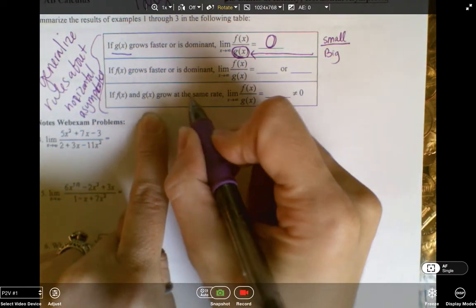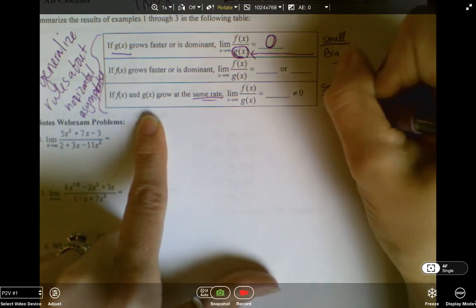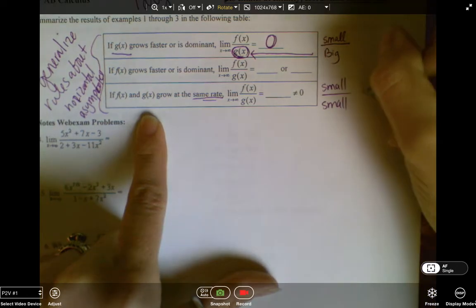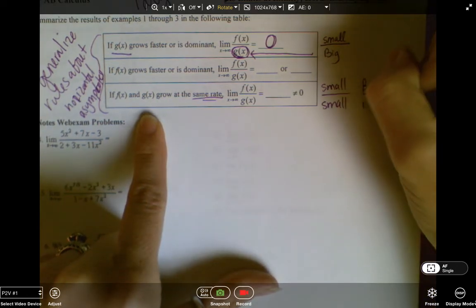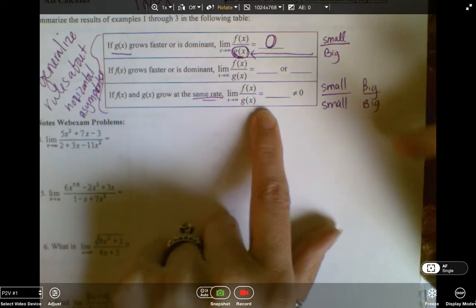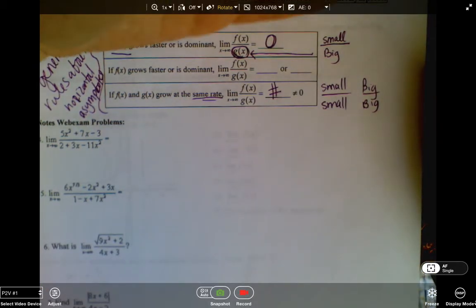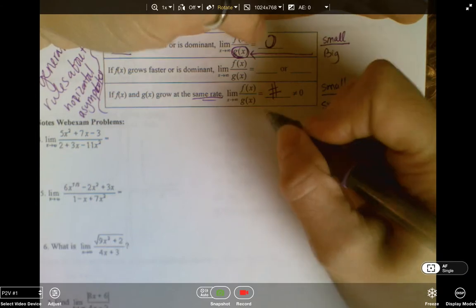All right, let's come down here to this bottom one. If they grow at the same rate, so I have small over small, or big over big, or medium over medium, then they're going to create a number, some kind of term or a specific output that it's focusing in on.